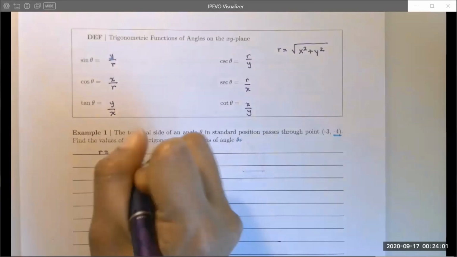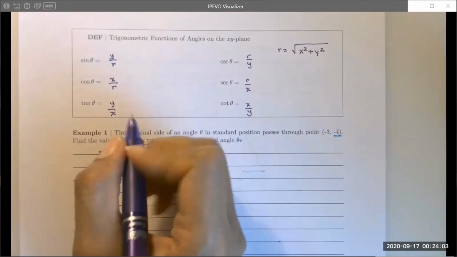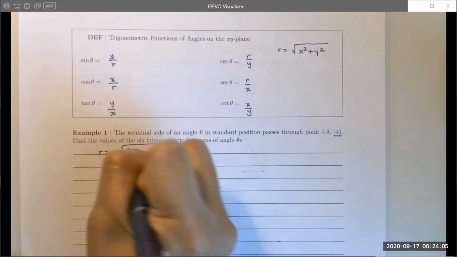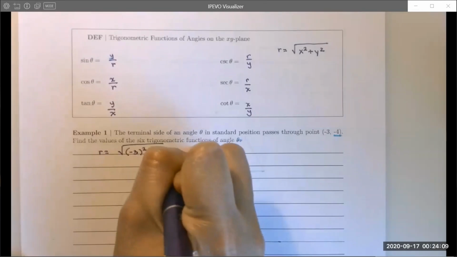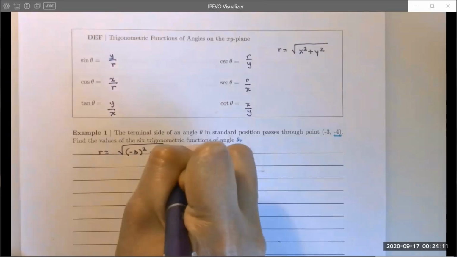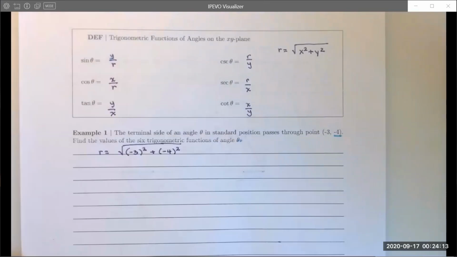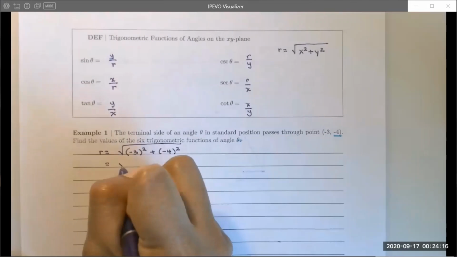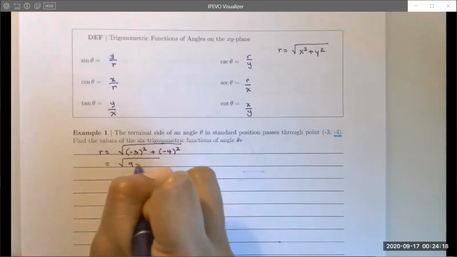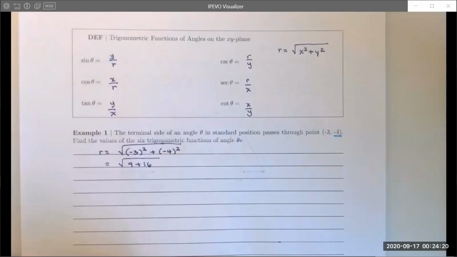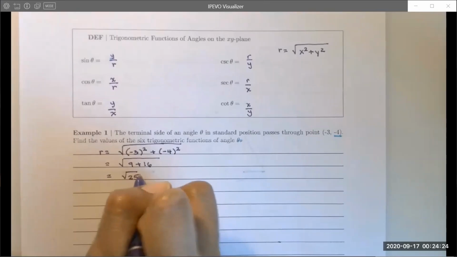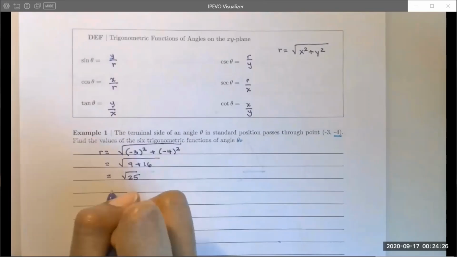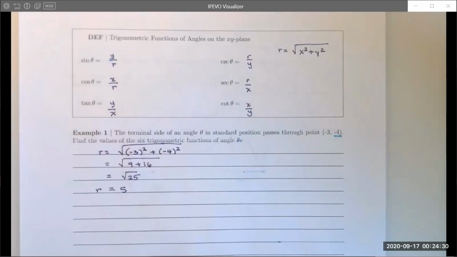R is going to be the square root of x, which is -3 squared, plus y, which is -4 squared. And that becomes the square root of 9 plus 16. So that is the square root of 25. And the square root of 25, well, that's 5. Right, so we have r equals 5.